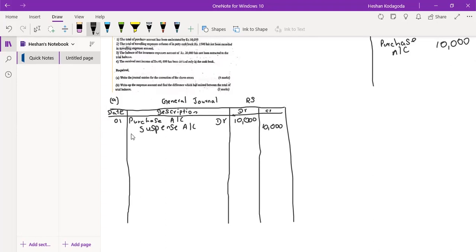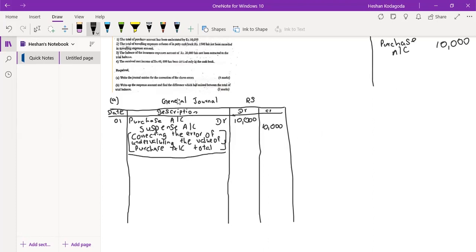You can write the narration as: correcting the error of undervaluing the total of the purchase account. This is the first one.